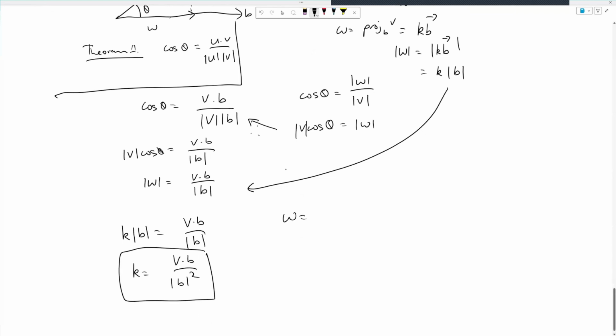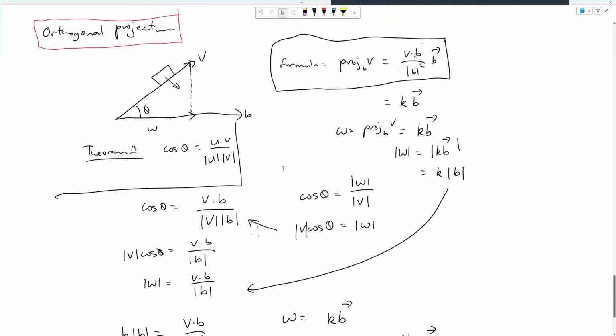Now, since we know that W is equal to KB, we substitute this back into here. So W, which is equal to the projection of V onto B, is equal to K, which is V dot B over |B| squared, times B. This is kind of messy, but in terms of the proof, what we are trying to do here is we use the theorem to find the angle between V and B, and then we use the angle theta using basic trigonometry over here.